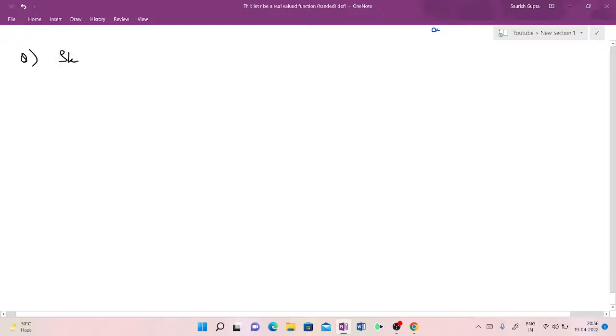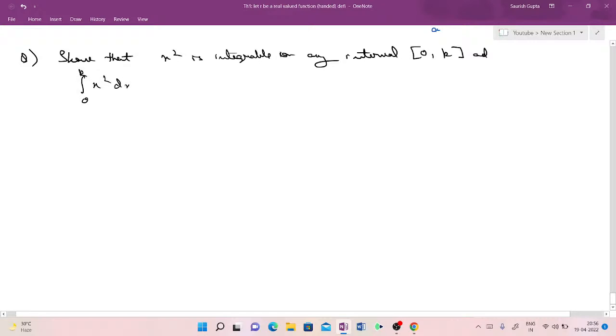You are given the question: show that x square is integrable on any interval [0, k], and the integral from 0 to k of x square dx is equal to k cube upon 3. Clear? Okay, let's check the solution.